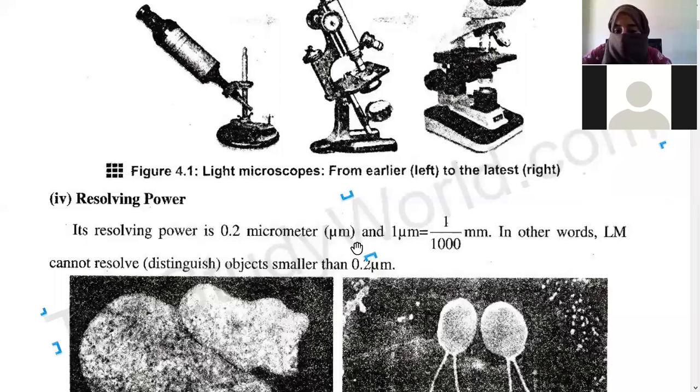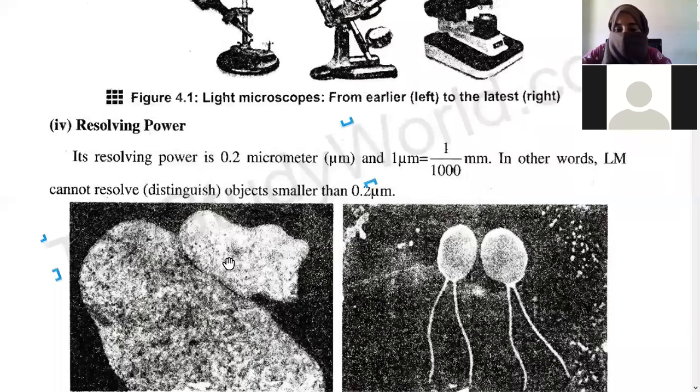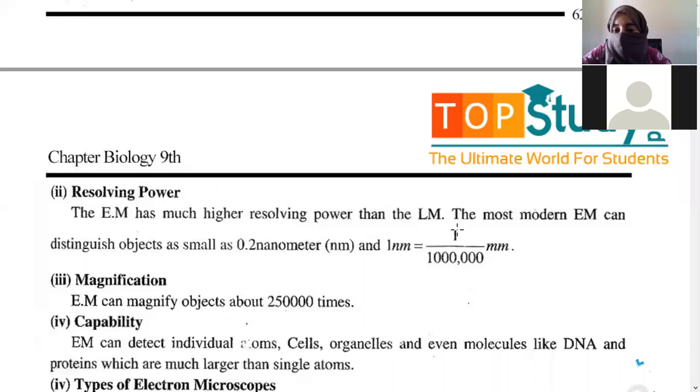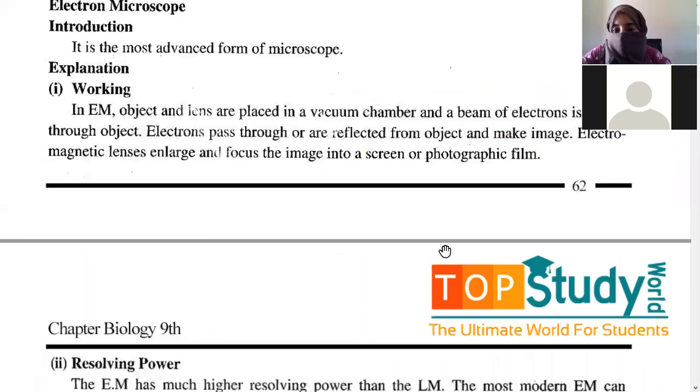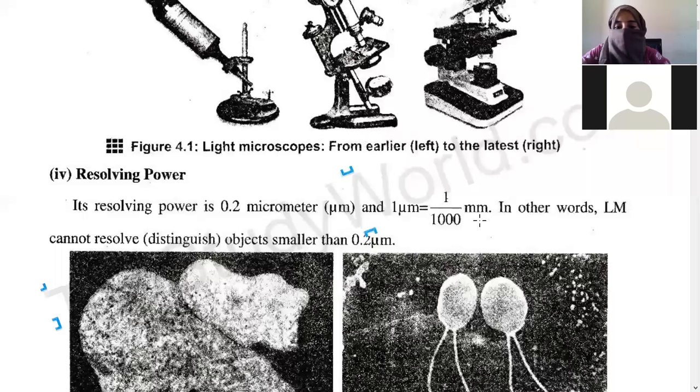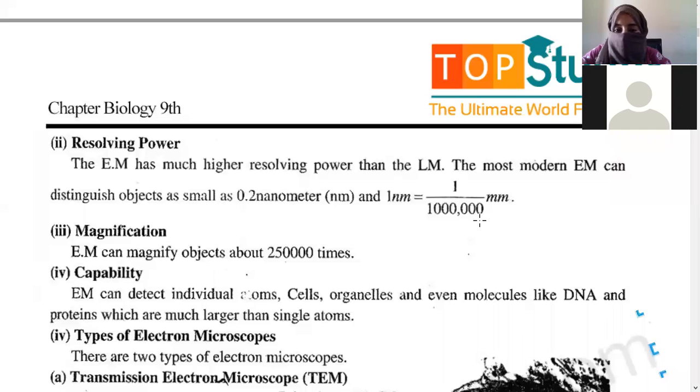It was 0.2 micrometer, and this is 0.2 nanometer. A nanometer is so small: 1 nanometer is equal to 1 over 10 lakh micrometer, while it was 1 over 1000 micrometer. You can differentiate between the resolving power of these two microscopes.